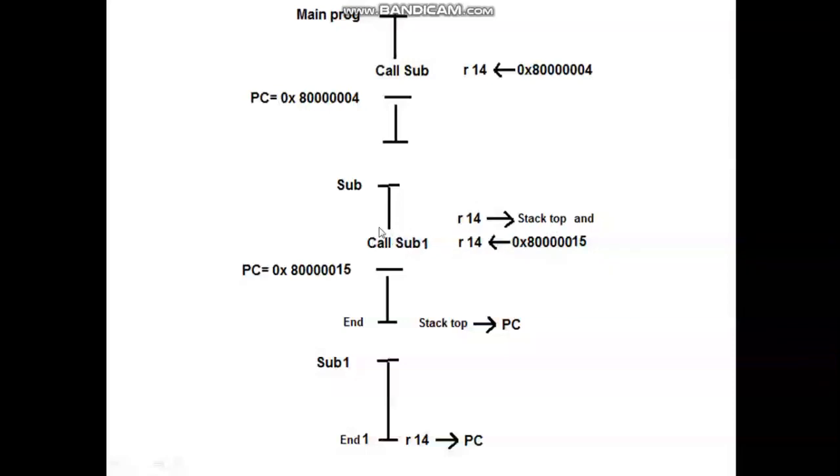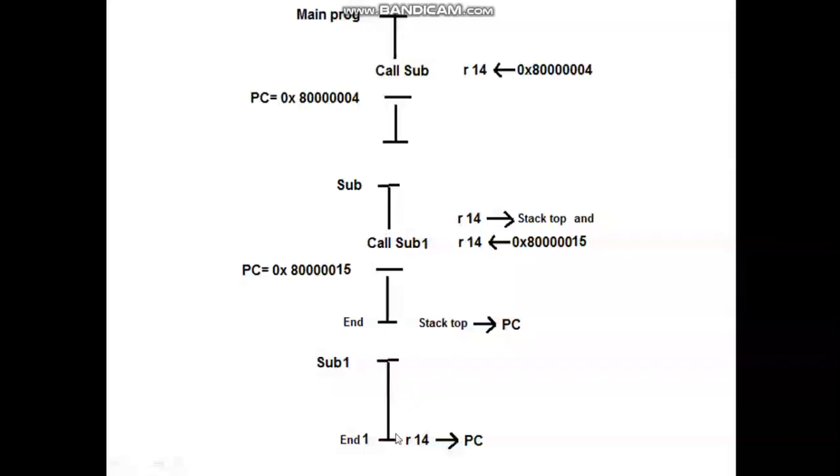So before giving this call instruction in a subroutine, the content of R14 should be pushed on the stack so that R14 will become vacant, and then you can give this call instruction. During execution of this instruction, as usual, the content of the program counter will be saved in R14 and the execution will be transferred to the subroutine. So this is an additional precaution required while implementing nested subroutines.